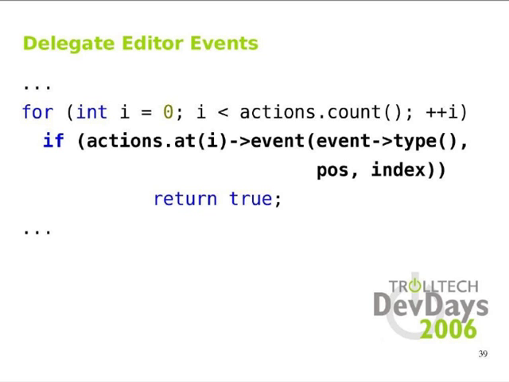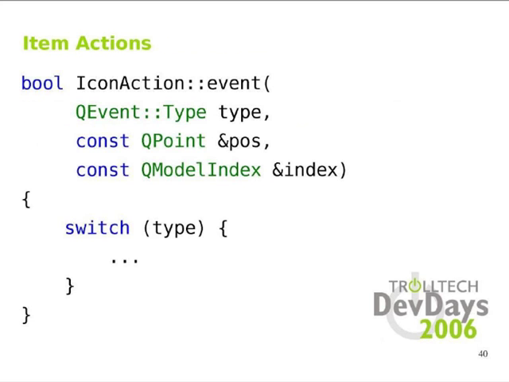So what I do is that I simply re-implement this function, and I have a list of actions registered in my delegate, and for each action I have registered, I just call them with the event and some information about where this happened. And in the action event function, I go through the events and handle the events that I want to handle.